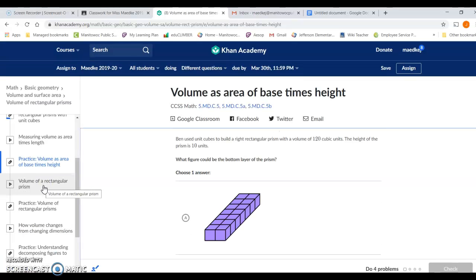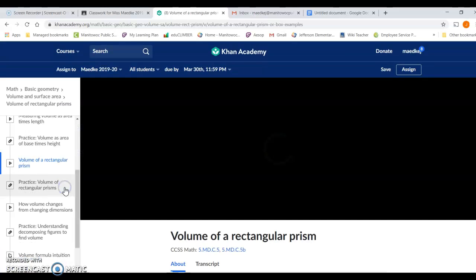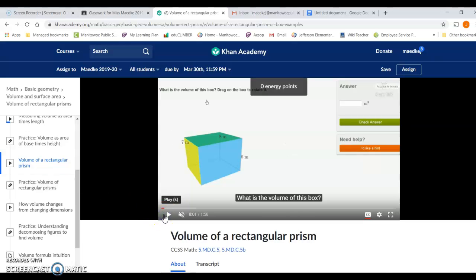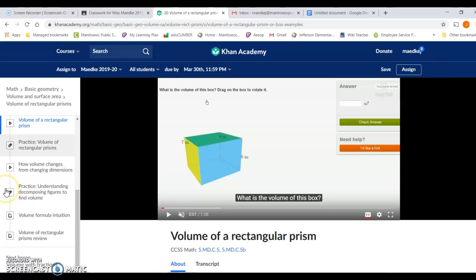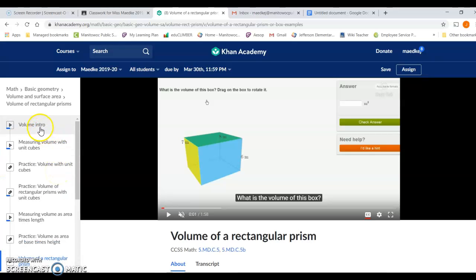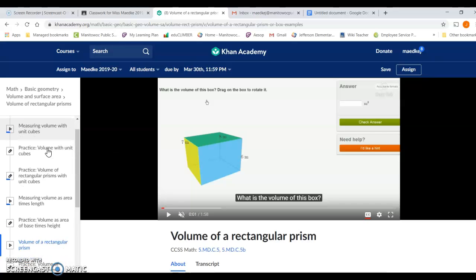And then you are going to look at the practice volume of rectangular prisms. Again, I will write this all down for you. You don't have to do everything on here. On your sidebar here, I want you to watch the video. I want you to watch measuring with volume and cubes.